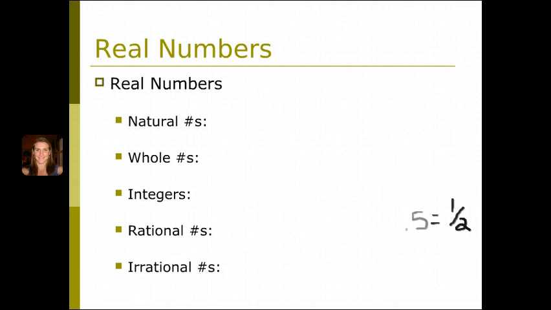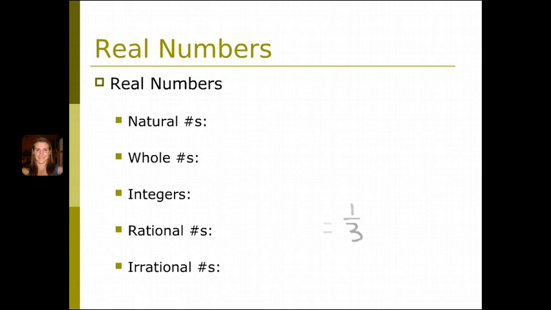A repeating decimal would be 0.333 and so on, repeating. The equivalent of that would be 1/3. So 1/3 is also a rational number. So rational numbers could be either a fraction or a repeating or terminating decimal.